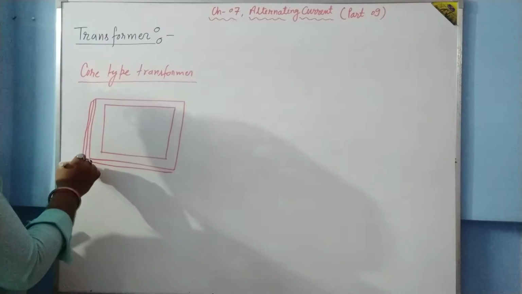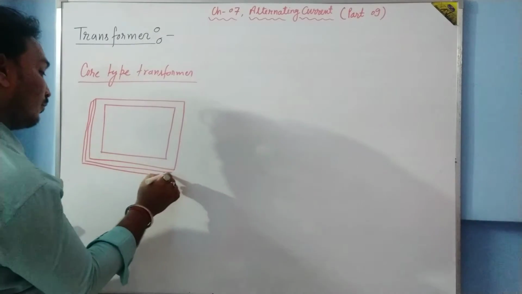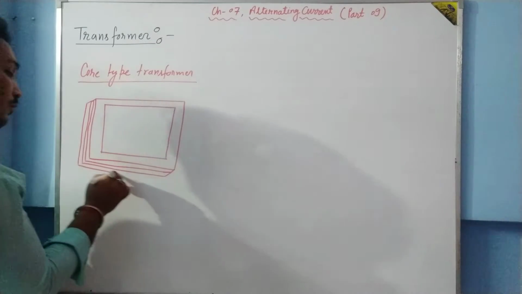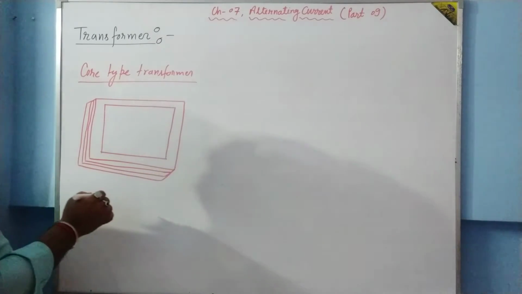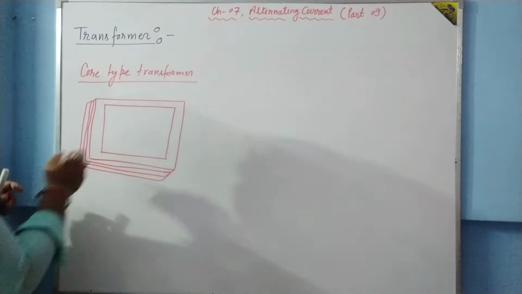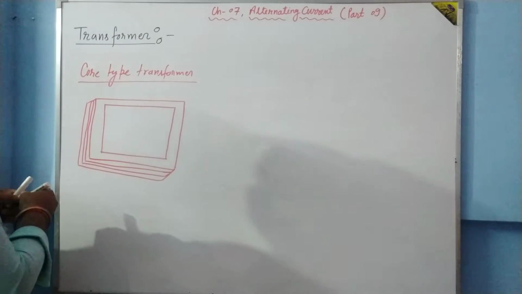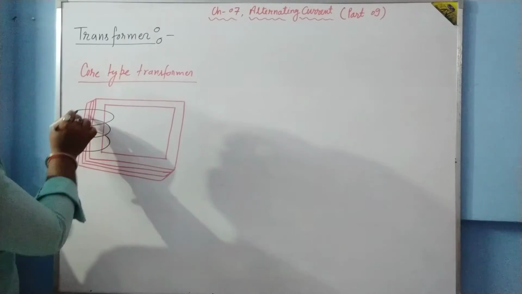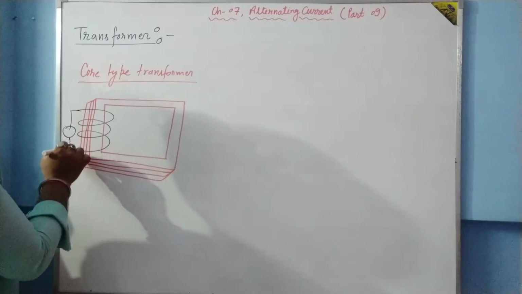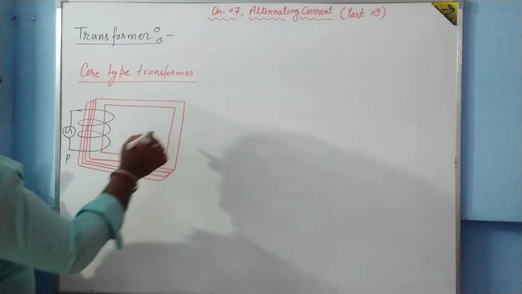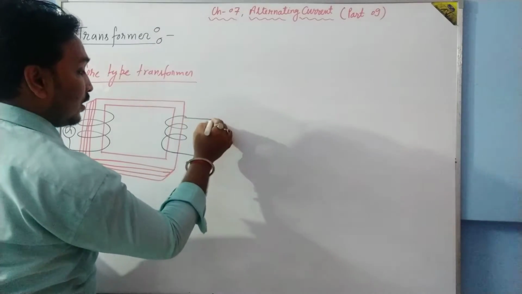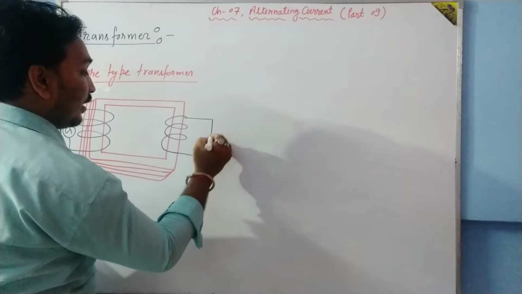So many plates are there. Like this, and this is an iron core, and the coil is wound over it. One coil is wound over this side, which is our primary coil, and one coil is wound over this side, which is our secondary coil.